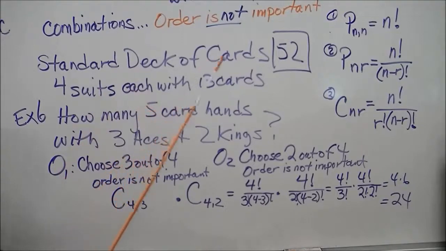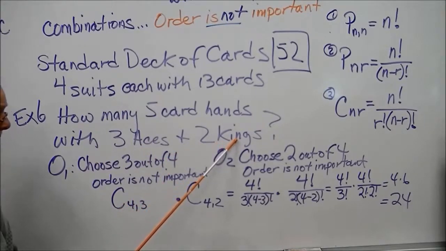So you're using combinations. So it's to choose 3 aces out of the 4 that are there, and 2 kings out of the 4 that are there, and order is not important.